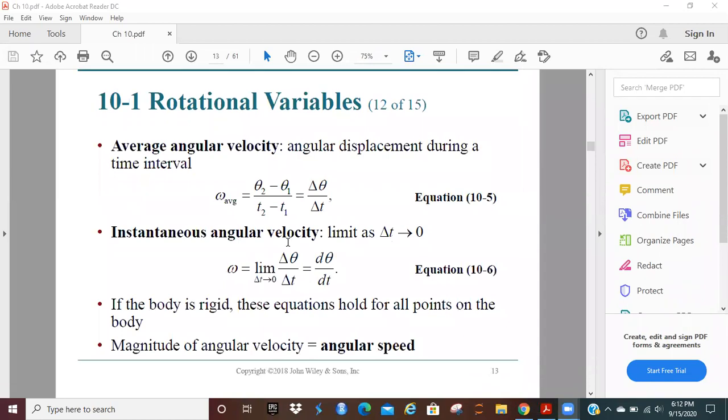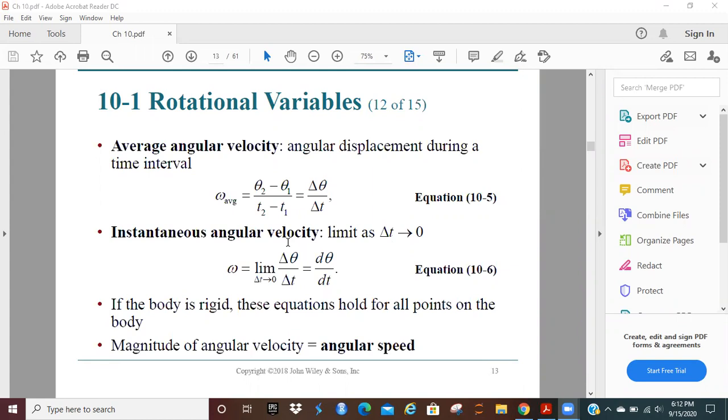So, average angular velocity. Angular displacement during a particular time interval, particularly if we're looking at the average here, is expressed as the change in the angle divided by the change in time, change in theta divided by the change in t.